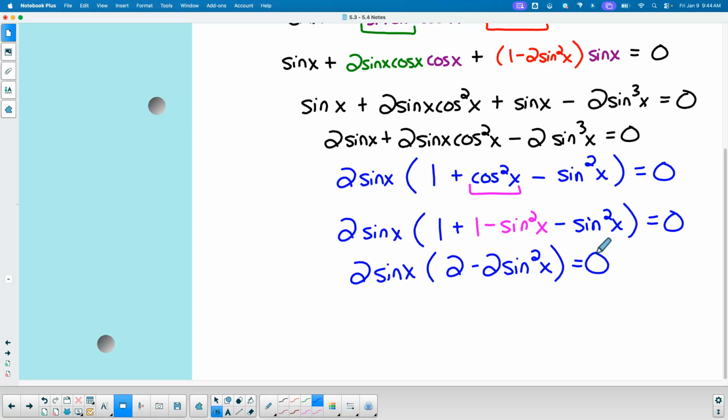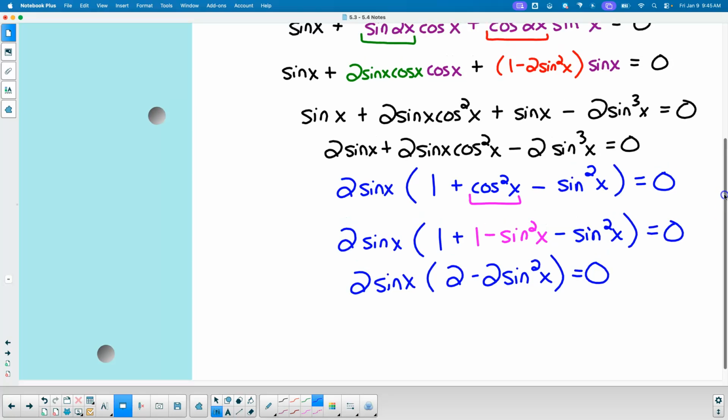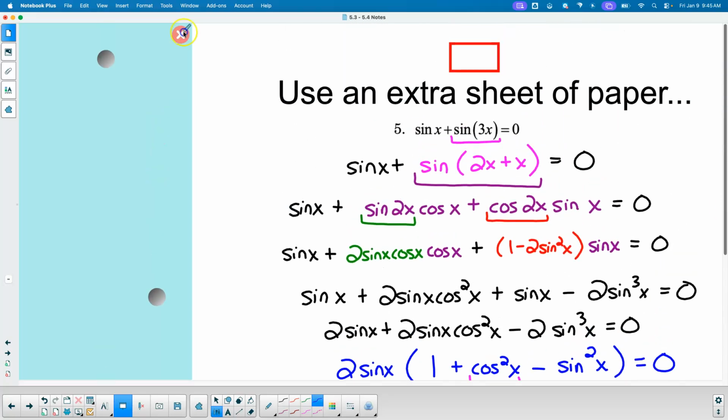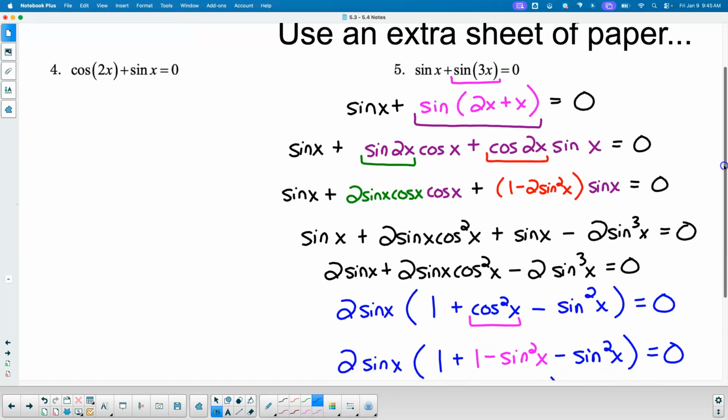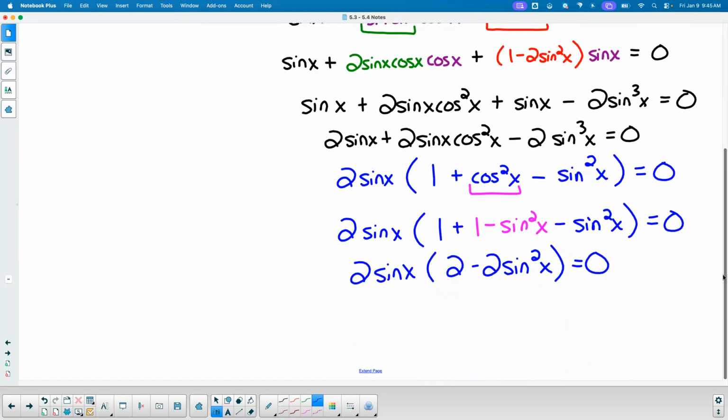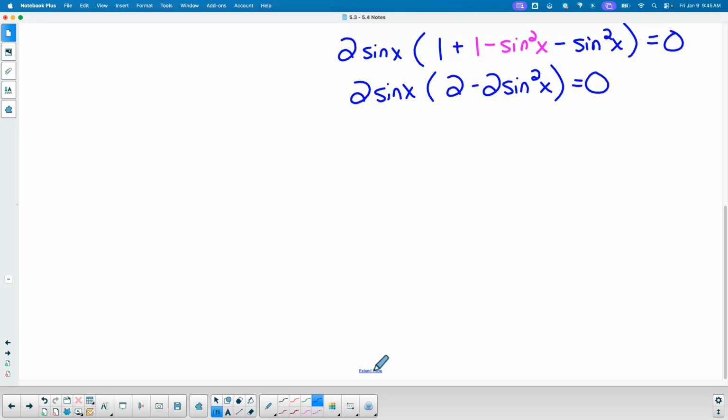Now what can we do? I'm gonna get rid of my shade because otherwise it won't let me extend the page. Now what can we do? It's factored, right? So now what can we do? Set the factors equal to 0.